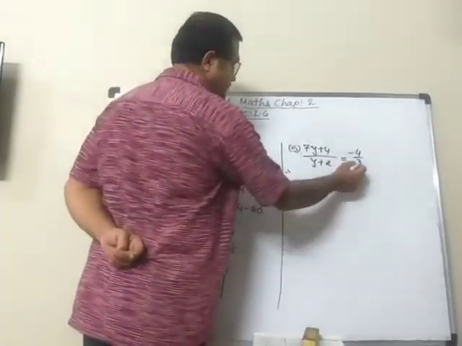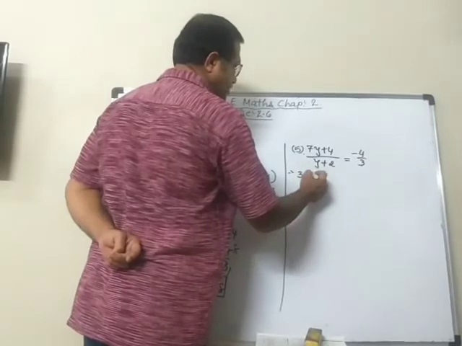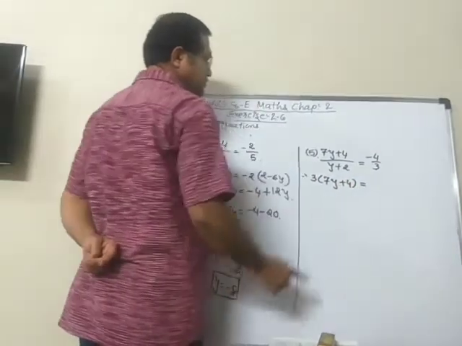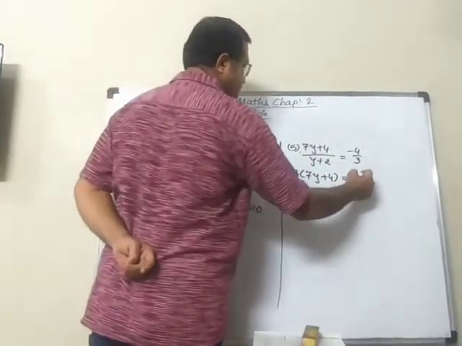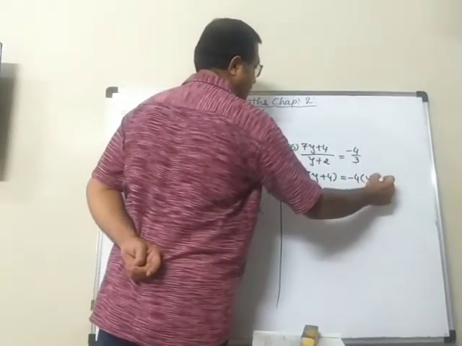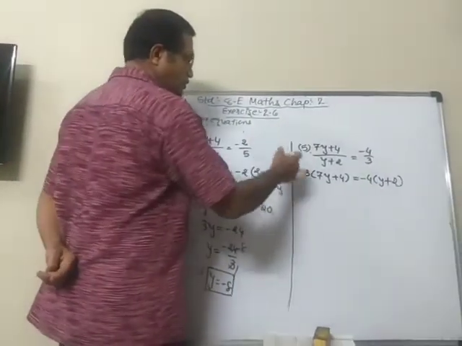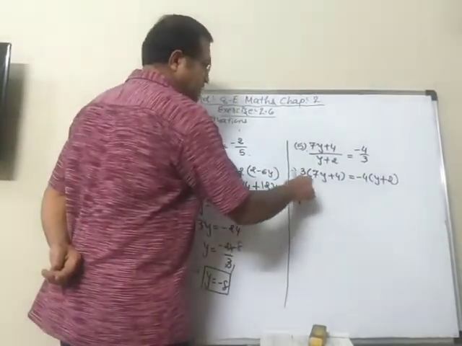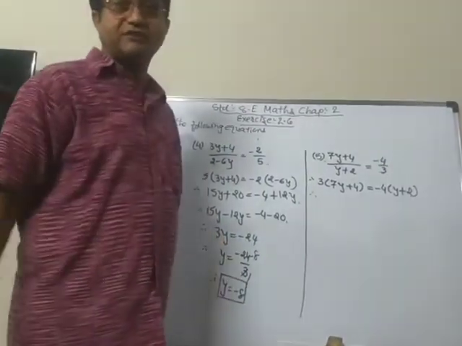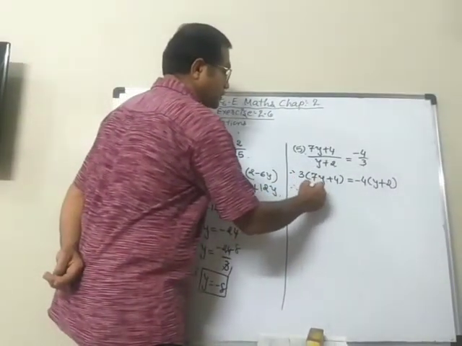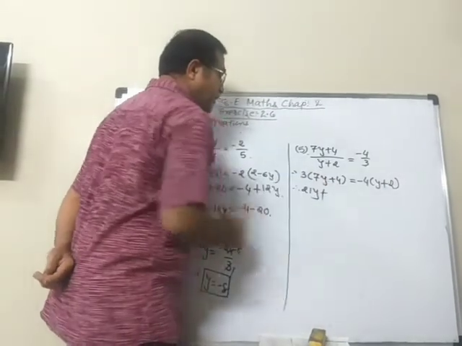So here we will multiply 3 with this one. So 3 into bracket 7y plus 4 is equal to minus 4 into bracket y plus 2. Now opening the bracket, 3 will be multiplied with both of them, 7y and 4. So 3 7s are 21y.